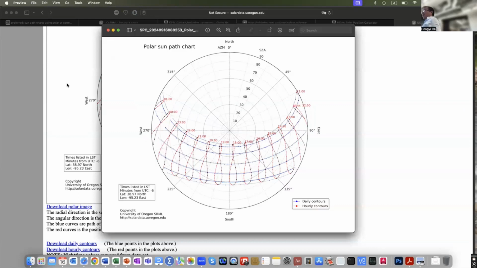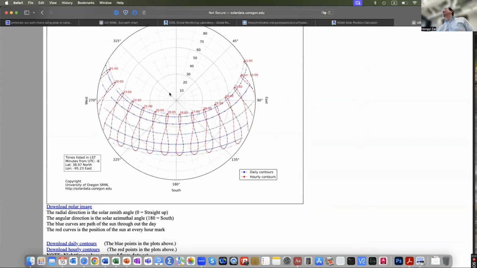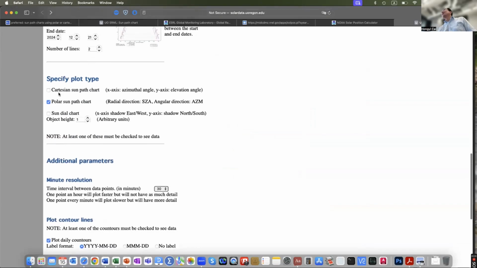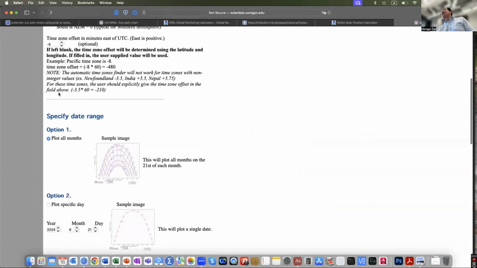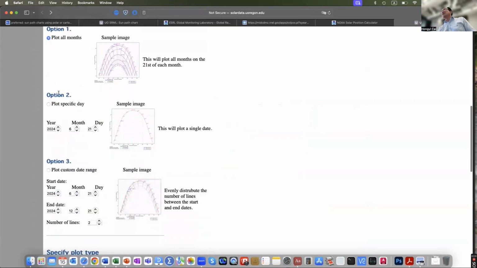Let me change to actually another time. If it's wrong, then I will let them know because they made mistakes. They did not correct it correctly. So let me change to a different date, whole month, or just for this option, a single day.